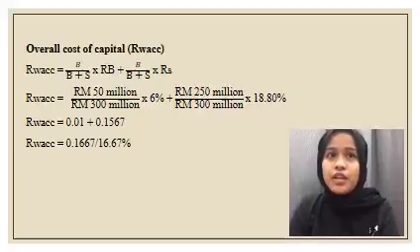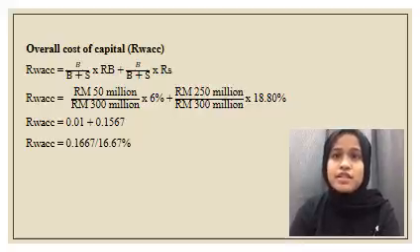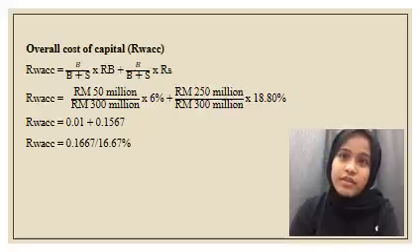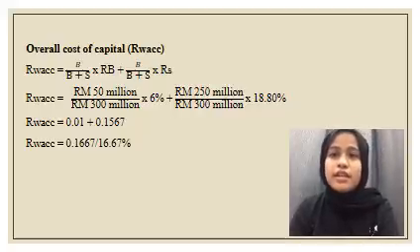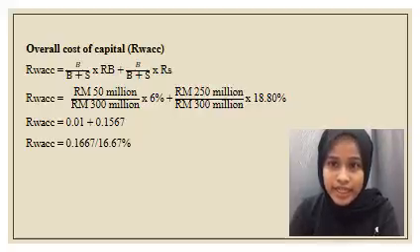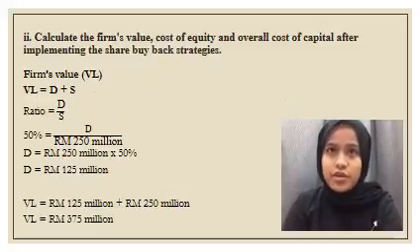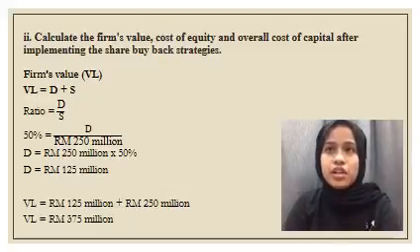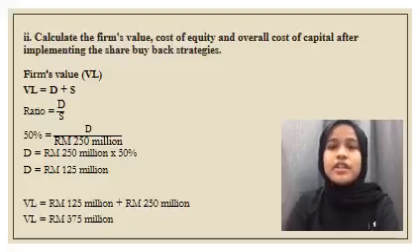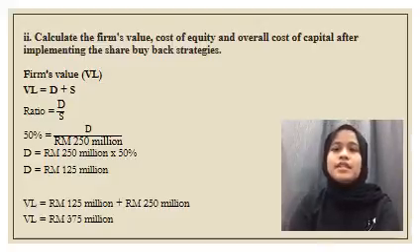So RWACC equal to 50 million divided by 300 million multiplied by 6%, plus 250 million divided by 300 million multiplied by 18.80%. So the answer is 0.1667 or 16.67%.